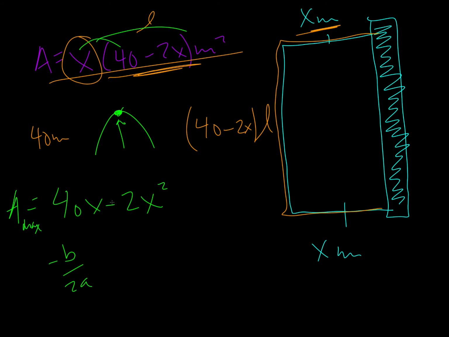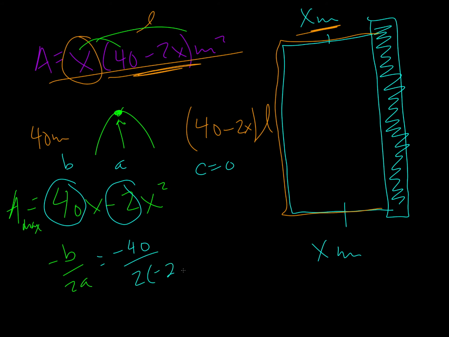And so this is written backwards, right? So this is our a, and this is our b, and then our c is actually equal to 0, but we don't need to use it. Okay, so for b, we get negative 40 over 2 times negative 2. So that's negative 40 over negative 4.